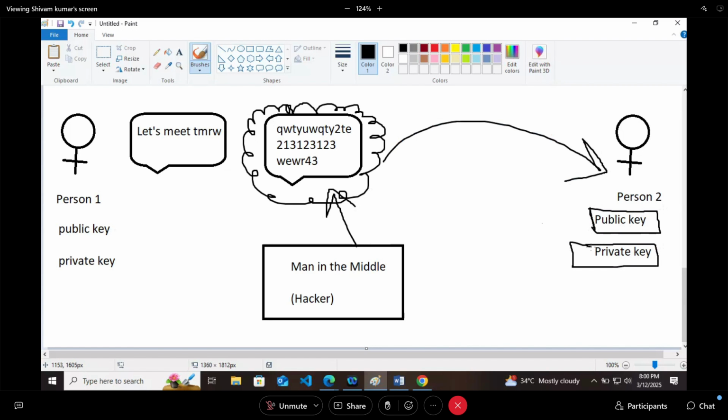In the communication, which key is used? The public key of the receiver, so that he can decrypt the message by using his own private key, right? By using his own private key.